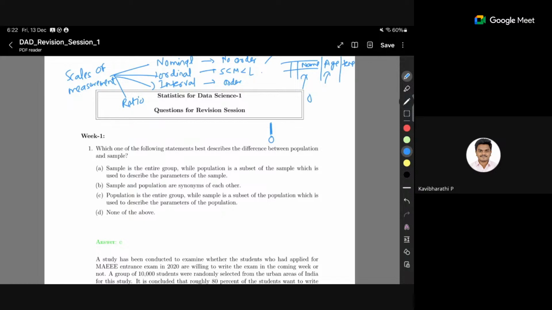Nobody has zero age, which means it doesn't exist. Let's say income: zero income means there is no income. So when you can say no income, no age, those kinds of things are actually ratio scales.